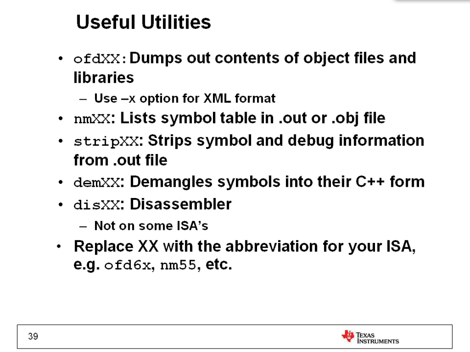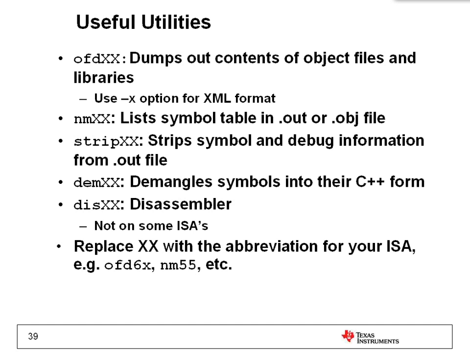OFD dumps out the contents of your object files and libraries, and you can use -x to get that information in XML format. nm55 or nmXX will dump out the symbol table. You can do some interesting things with that. In some rare instances, you need to strip out the symbol and debug information from an out file or an object file, and you can do that with the strip utility.